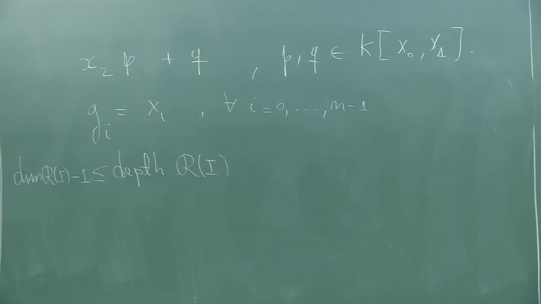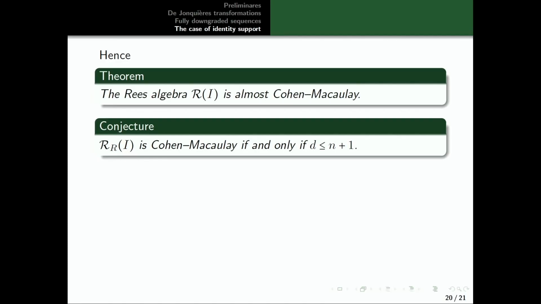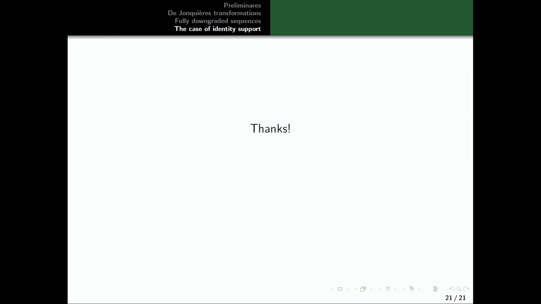And we conjecture that the Rees algebra is Cohen-Macaulay if and only if the degree of the forms is at most the number of variables.